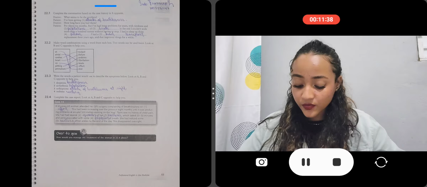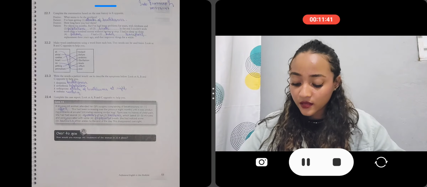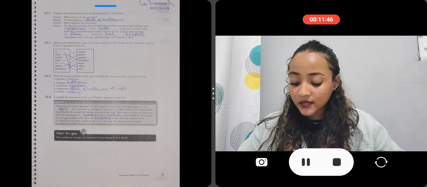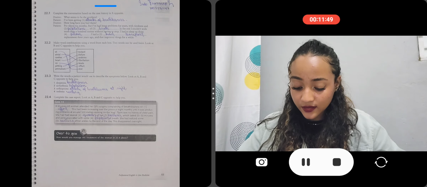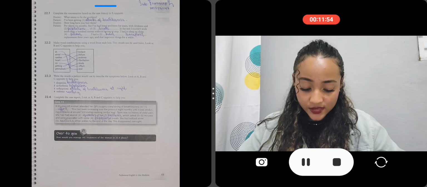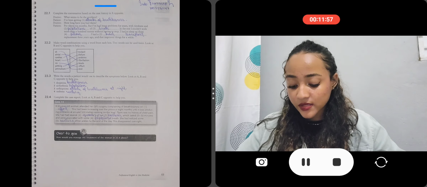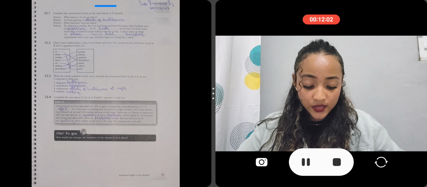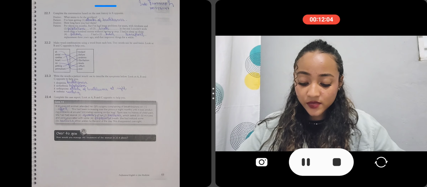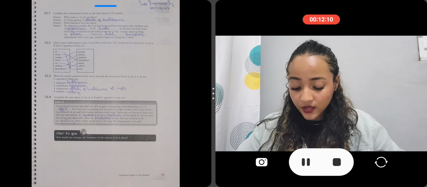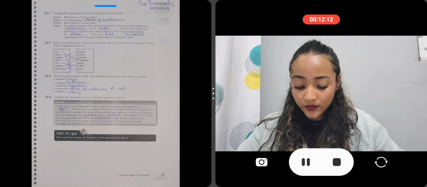22.4. Complete the case report. Case 13. A 60-year-old woman attended her GP's surgery complaining of breathlessness on effort. This had been increasing over the previous 8 months until it was producing problems at around 50 meters walking on the level.